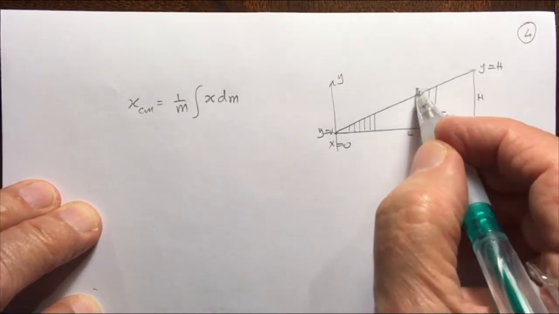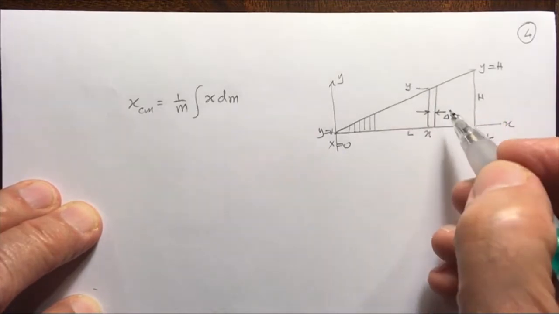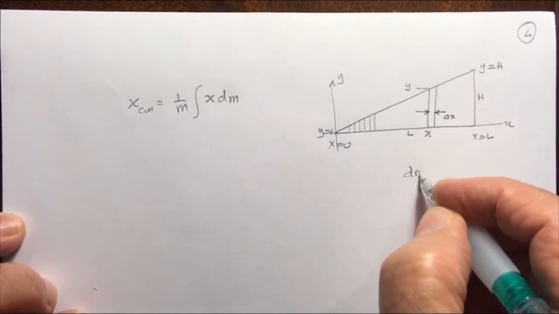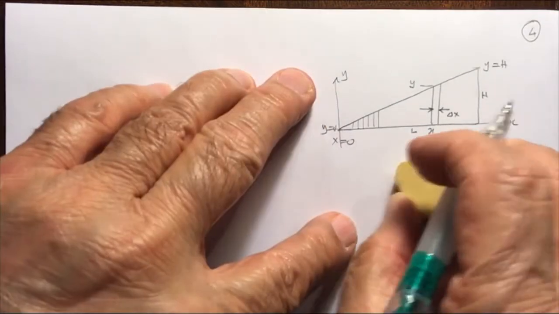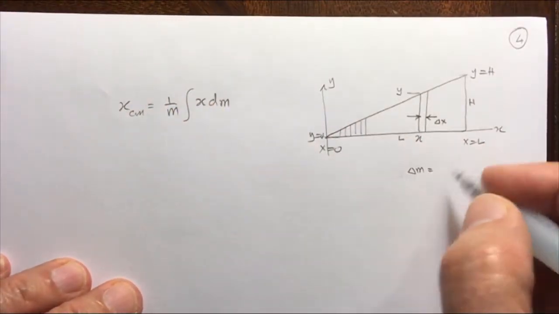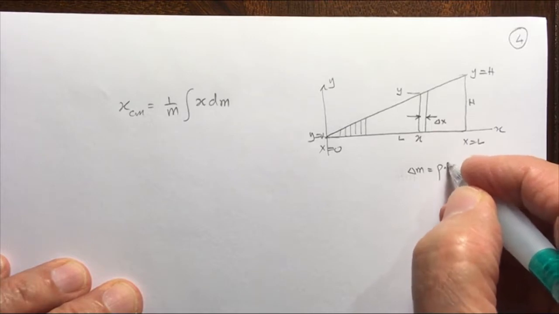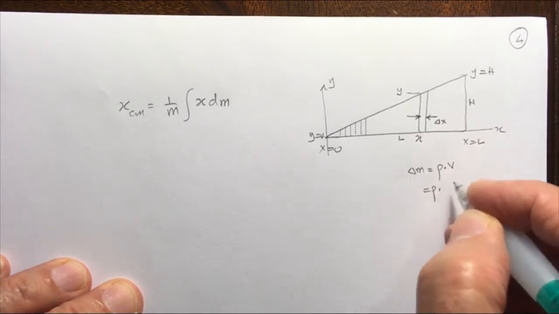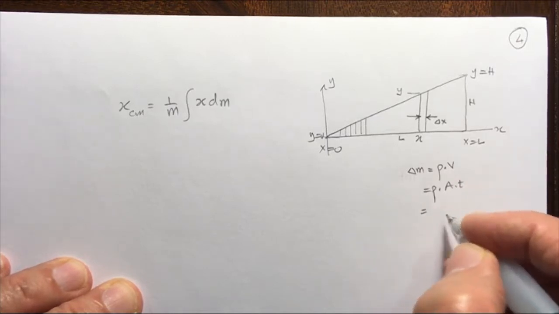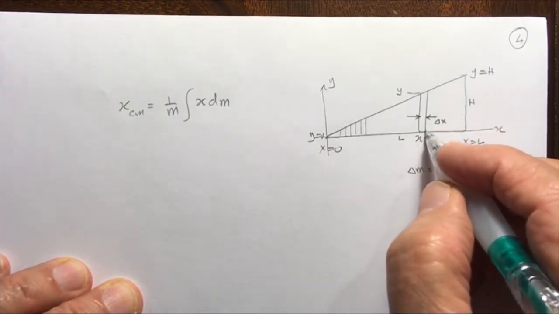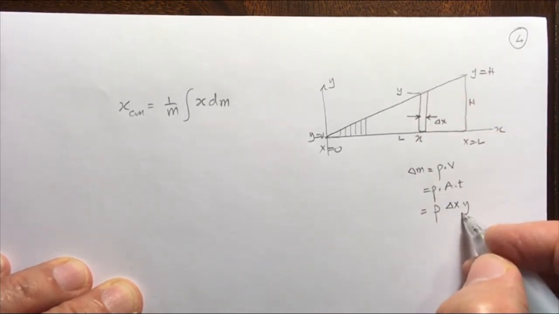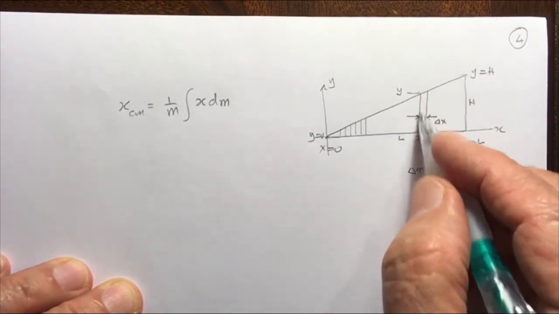The height over here is y, and so the delta m at this point is going to be the density times the volume, the density times the area times the thickness, and the area is delta x times the height. So it's delta x times the height.